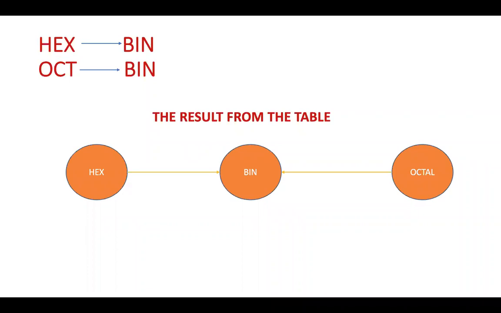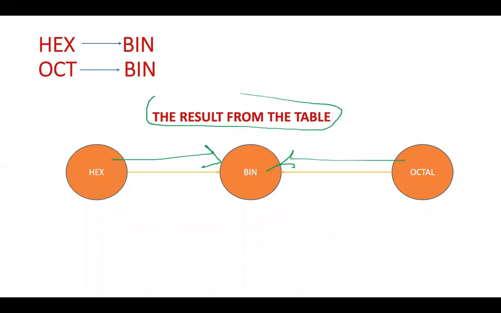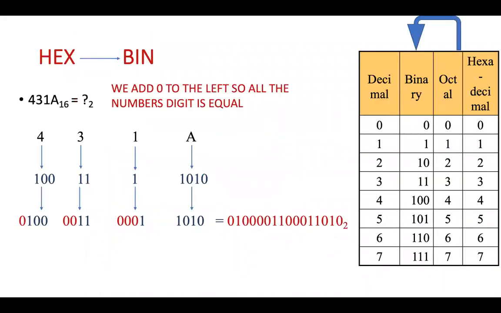So for the third rule, if we want to convert from hexadecimal to binary or from octal to binary, we are going to take the result from the table. So let's take an example. We want to change from hexadecimal to a binary number.